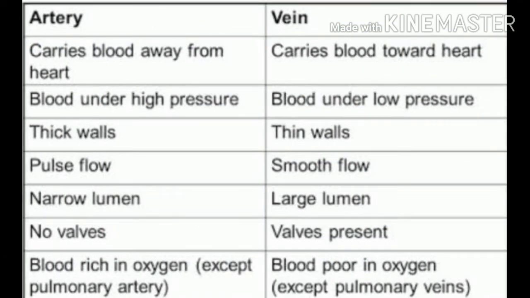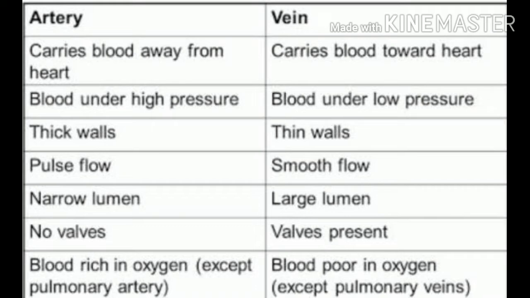On the basis of structure and function, arteries are quite different from veins. Let us see some of the differences. Arteries carry blood away from the heart, whereas veins carry blood towards the heart. Secondly, blood in arteries flow under high pressure, while in veins they flow in low pressure.